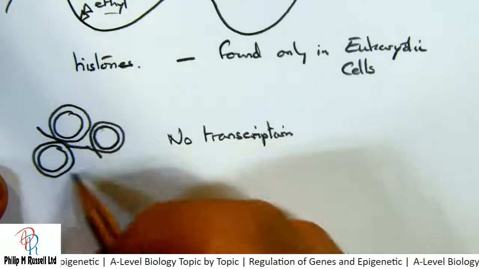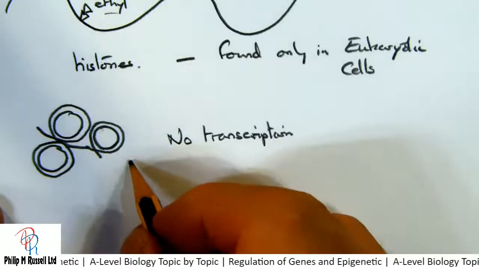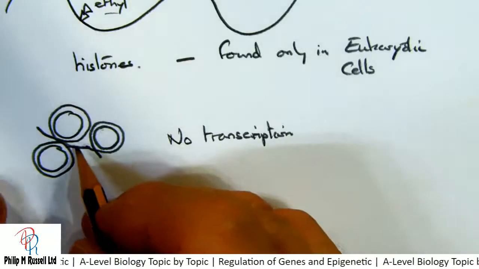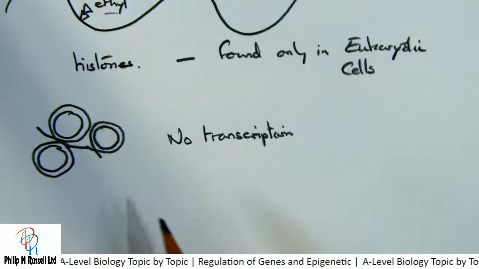Because how can the mRNA polymerase get in if it's all wrapped round this?